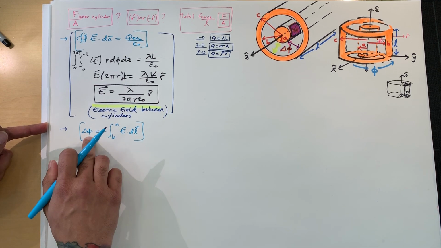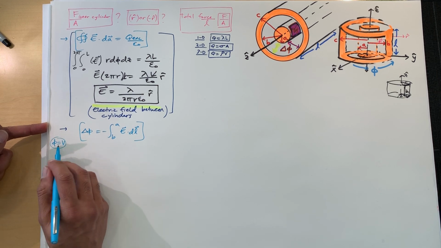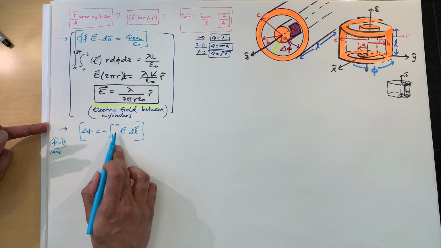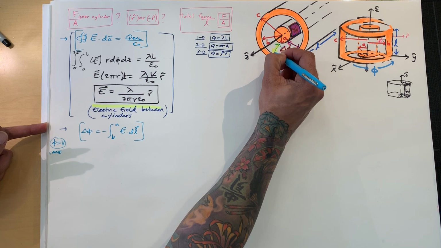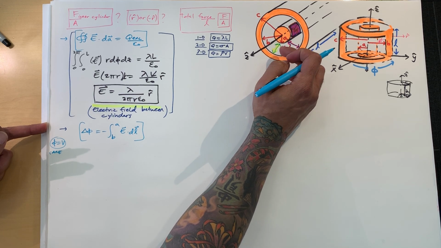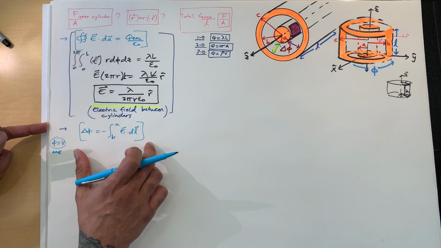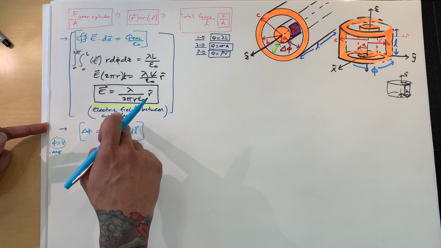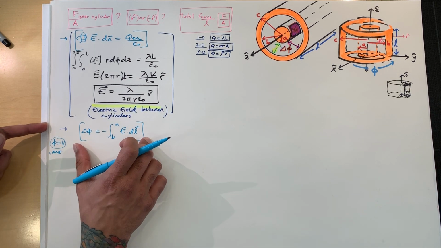You can write either phi or V for potential, that's the same thing. And here we're only interested in the region between B and A, because this is the area between the two conductors. So our limits go from B to A, outside in, when it comes to potential.